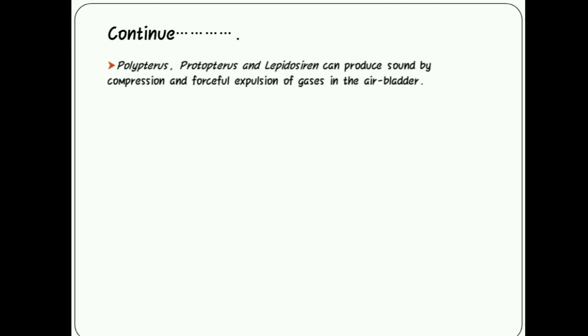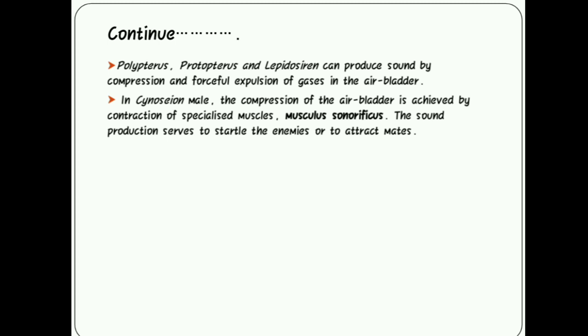Polypterus, Protopterus, and Lepidosiren can produce sound by compression and forceful expulsion of gases in the air bladder. In some fishes, the compression of the air bladder is achieved by contraction of specialized muscles, known as sonific muscles.